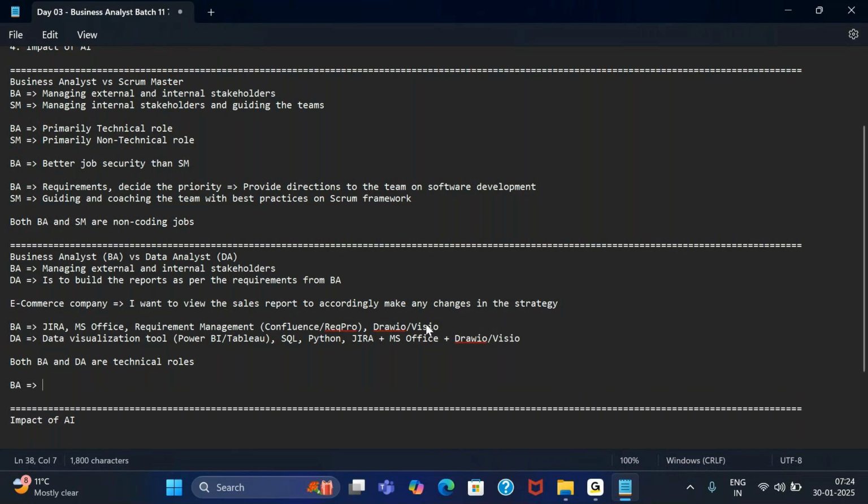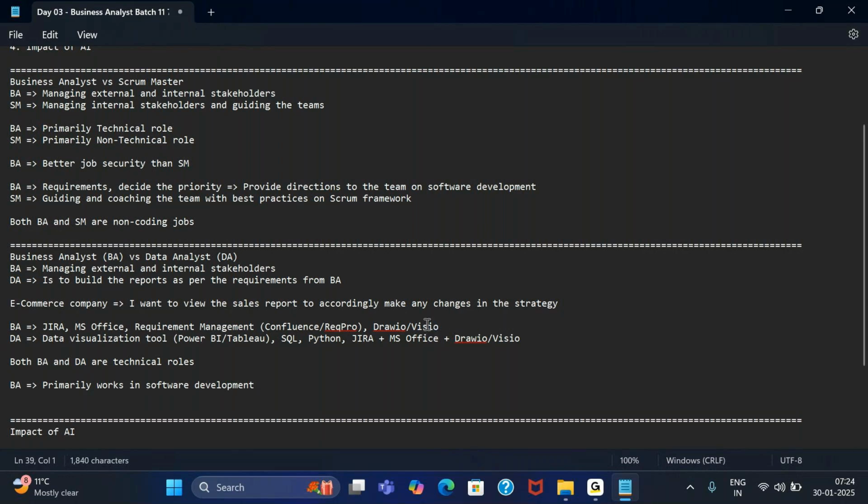A BA majorly works in software development, wherein you work with your team to develop an end product which can be used to perform a task or an activity, or even automate manual tasks. Data analysts are primarily working in the data analytics part.